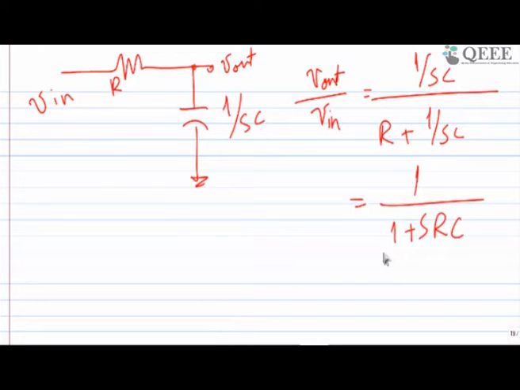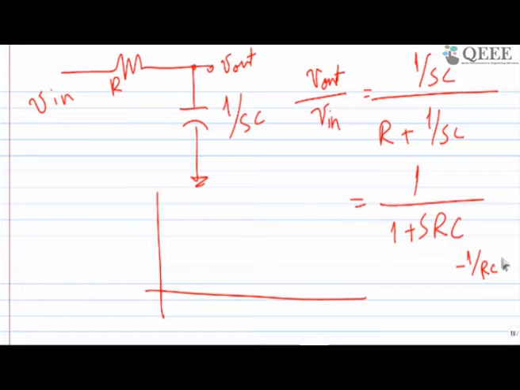And if I want to plot this one, maybe you have learned it through Bode plot and other things. So there is one pole which is available at minus 1 by RC.